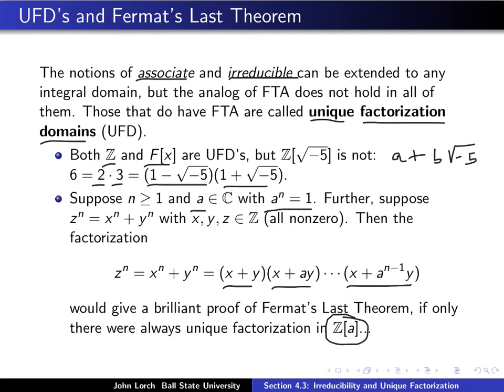In fact, this method was proposed in 1847 by a guy named Gabriel Lamé, who presented this argument to the Paris Academy of Sciences, and it was shot down a little bit later when other mathematicians like Liouville pointed out that Lamé's argument required unique factorization and that it was not certain to occur.